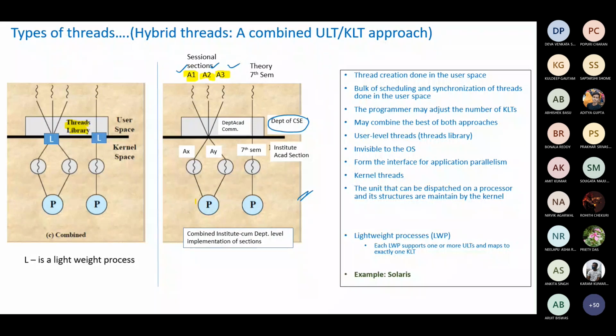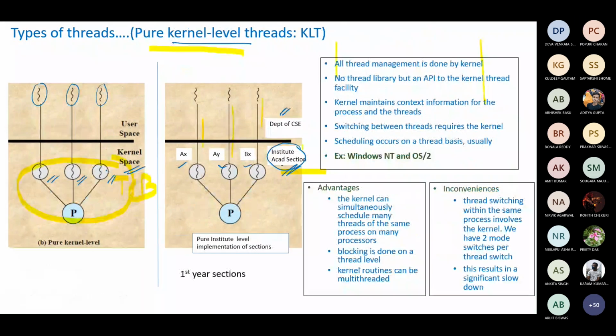So the point is, the presence of the threads is visible in the kernel space, and definitely it is also visible in the user space. But there may not be a one-to-one mapping. In the previous case, it has one-to-one mapping: one kernel level thread is visible as one user level thread.